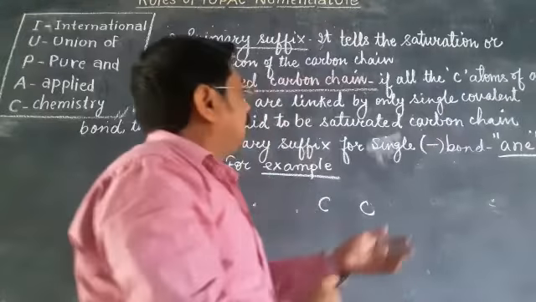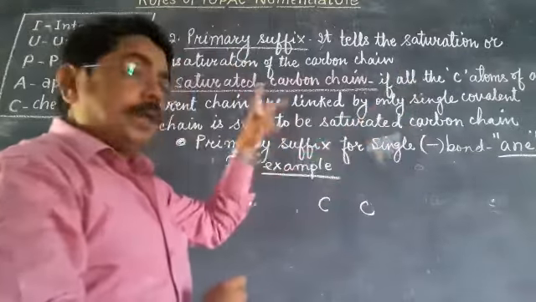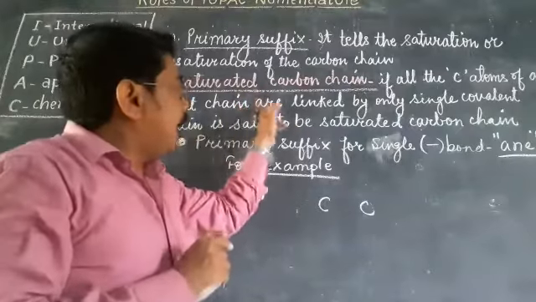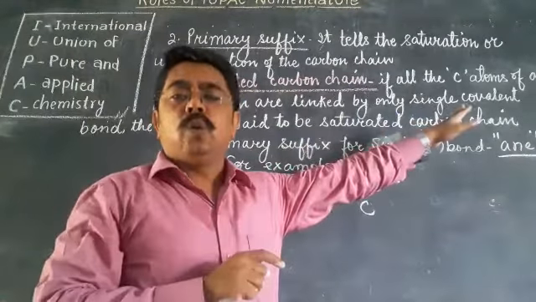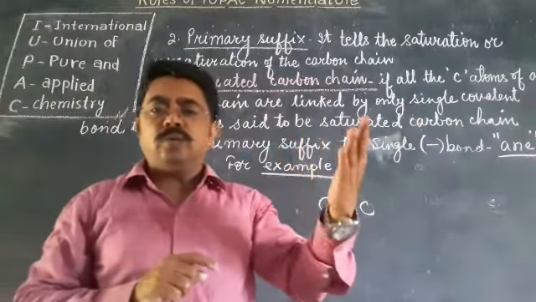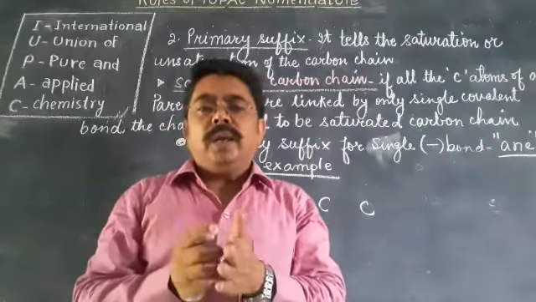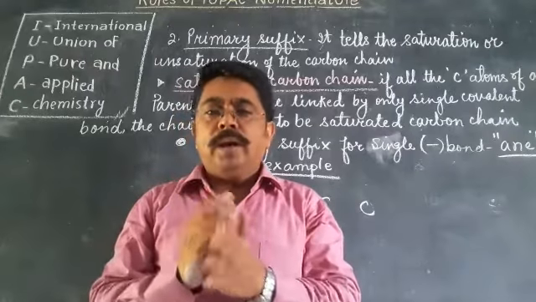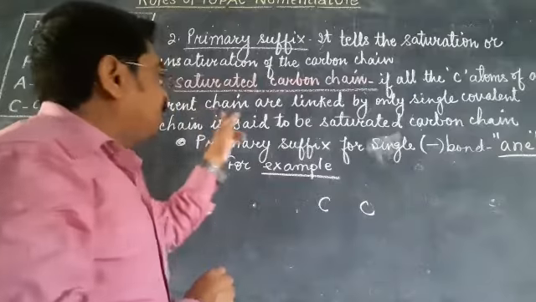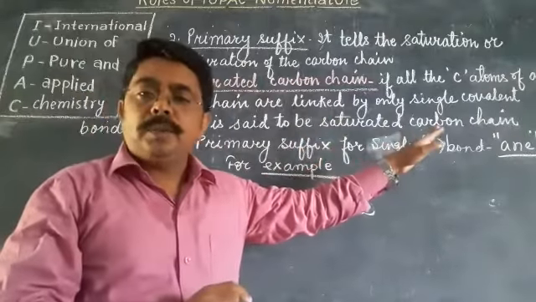For example, if all the carbon atoms of the parent chain are linked by only single covalent bonds, all the bonds between carbon and hydrogen or other atoms in organic compounds are covalent, formed by sharing of electrons. So such type of chain is said to be a saturated carbon chain.